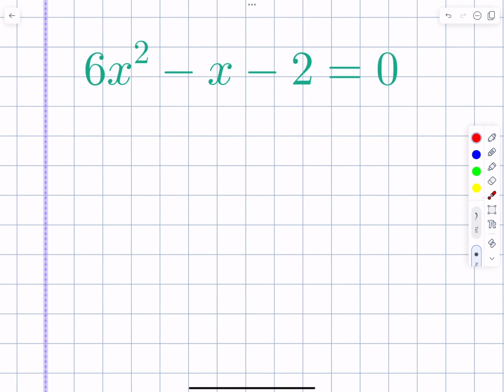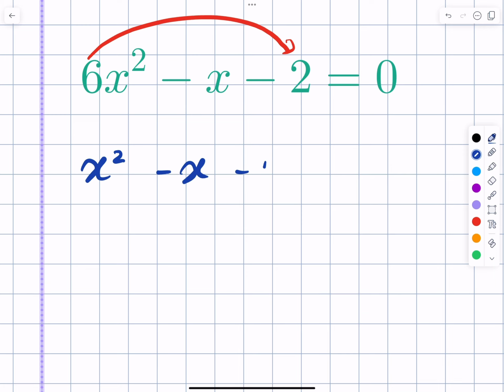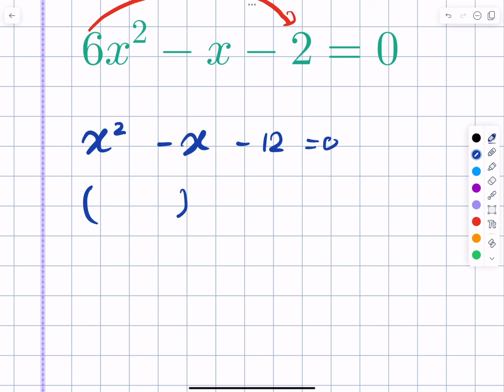The last example here, again, we multiply 6 by negative 2. We will have negative 12. So x squared minus x minus 12 equals 0. We can factorize it. Here, we need two numbers that add up to -1, because here we have -1, and multiply to -12.